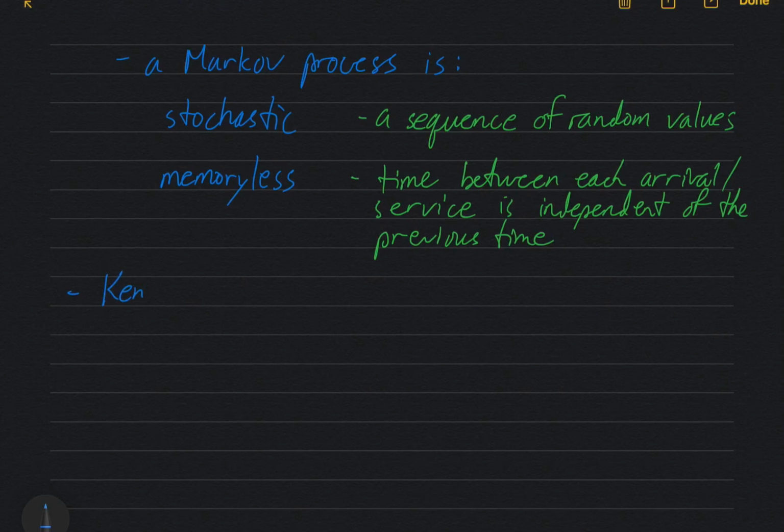So queuing systems are described with Kendall notation. So this is Kendall notation for queuing models. I kind of hesitated when I was writing the title for this section on the previous page, right at the start there.